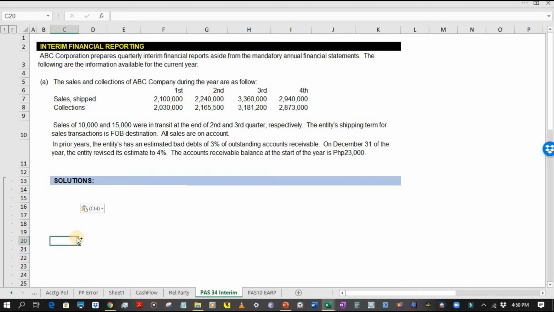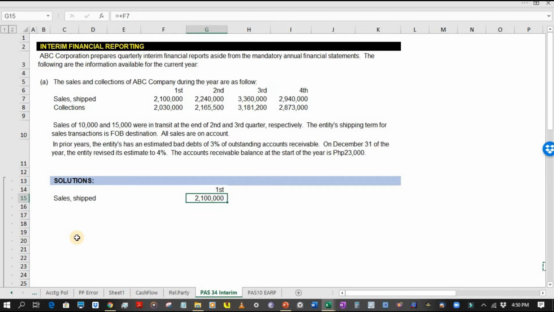For the first quarter, the sales that were shipped in the first quarter is 2.1 million. Since there is no other information with regards to the 2.1 million pesos sales shipped during the first quarter, we assume that the 2.1 million sales shipped in the first quarter were also received by the buyer during the first quarter.